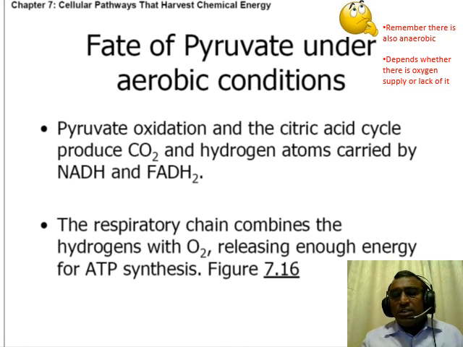So under these two conditions, the pyruvate that is formed by glycolytic pathway of glucose will carry on until become carbon dioxide and water, and in the process it will also form NADH, FADH2, because in the Krebs cycle it will form both of these NADH as well as FADH2.